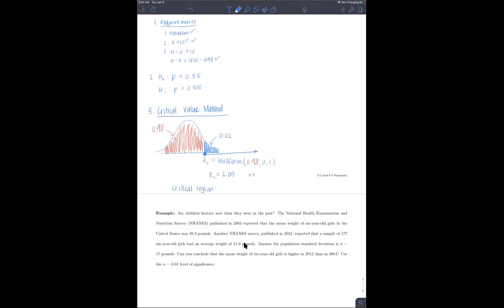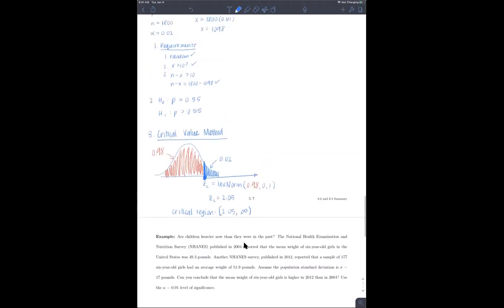So remember, right is always the positive part for like everything. So it's positive 100,000, it's positive infinity. And so here, we're gonna start at our critical value. That's where our critical region starts, which is 2.05. And then we're gonna go all the way, we're gonna never stop, basically. And so that's our critical region.